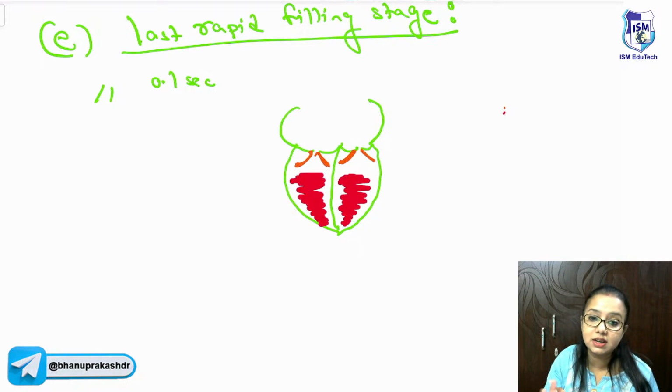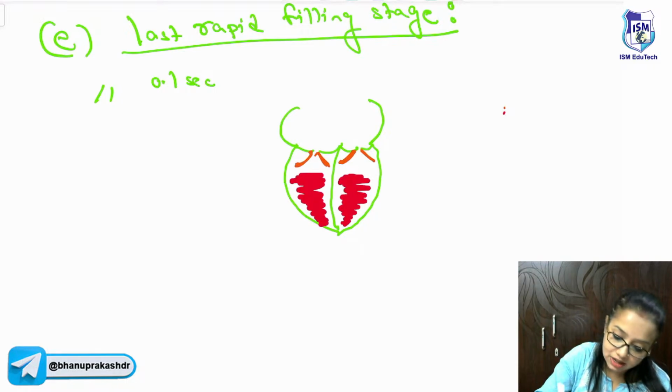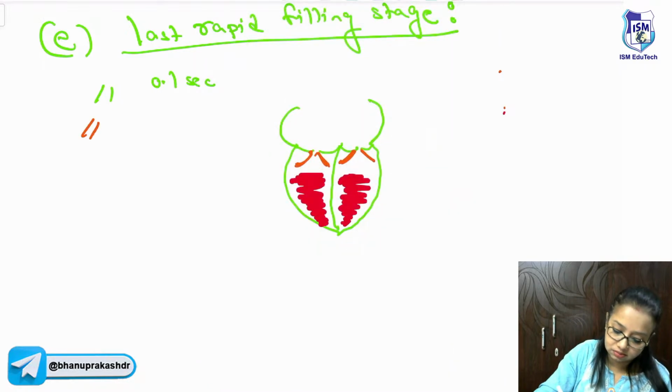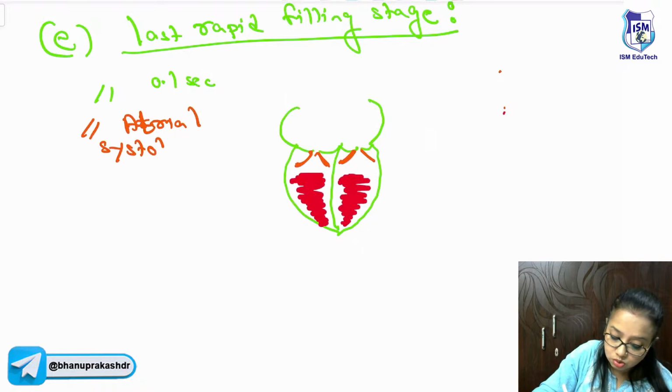Now the ventricle has more pressure than the atrium. Here what happens? Here there is atrial systole. Okay, atrial systole happens.